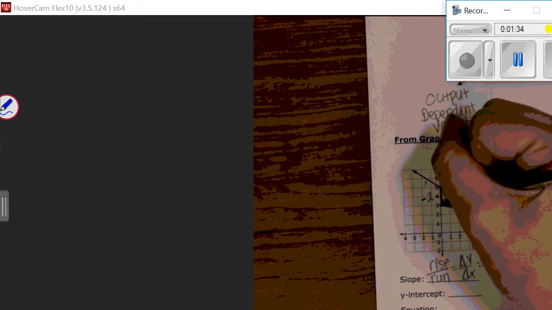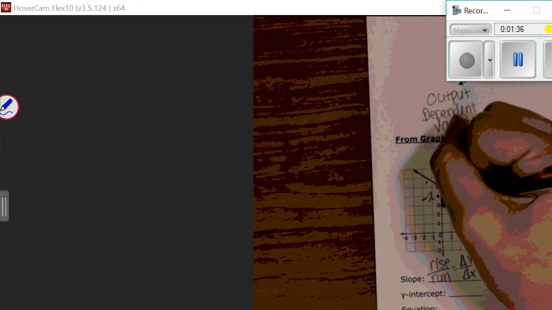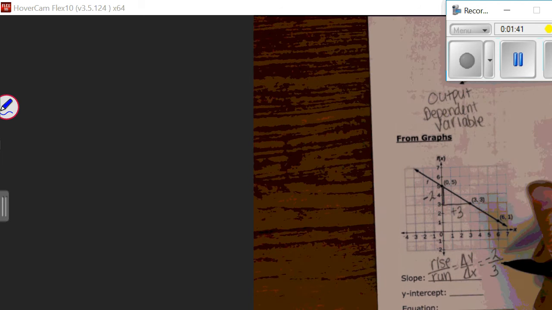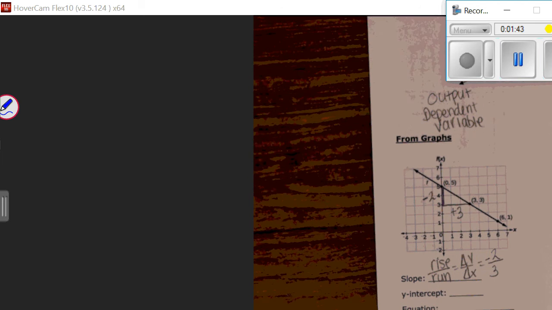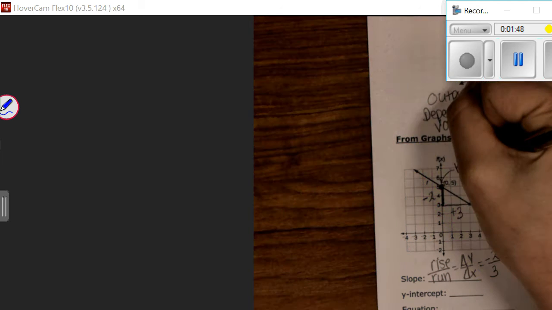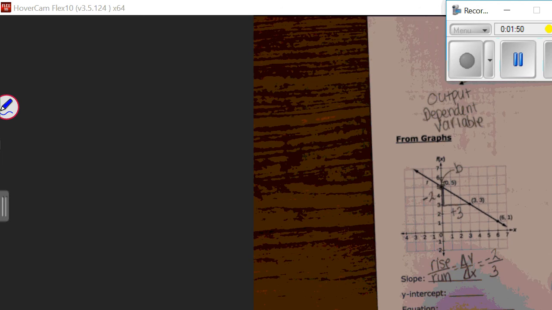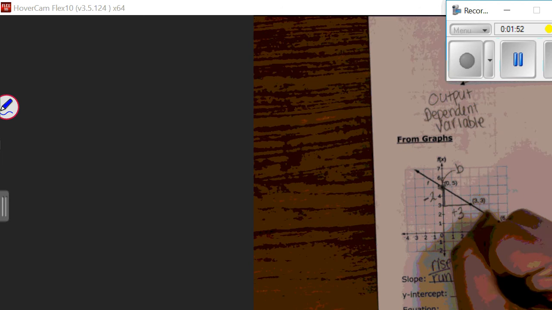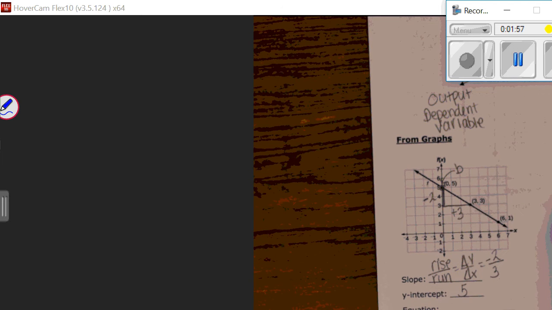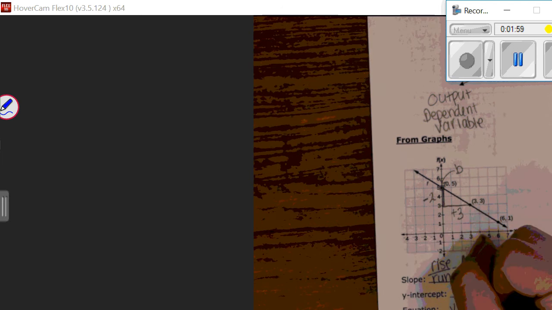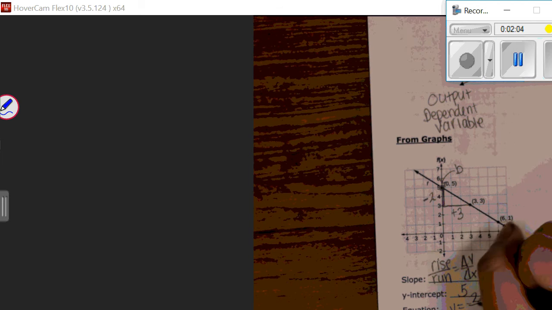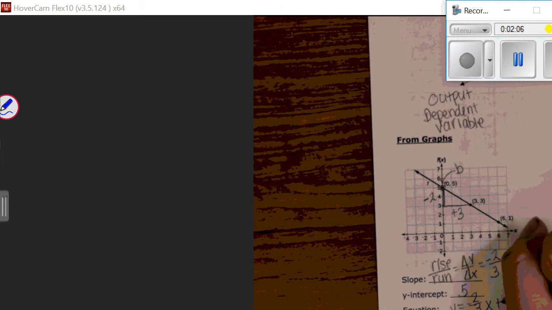And my x is starting at 0 and going to 3, so it's increasing by 3. So my slope would be negative 2/3. My y-intercept is where the line is crossing the y-axis, so that is my b value. So that will be 5. So my equation in y equals mx plus b form is y equals negative 2/3 x plus 5.